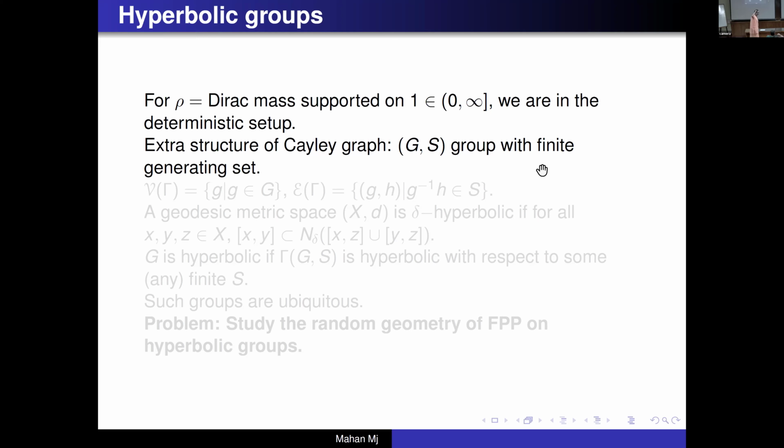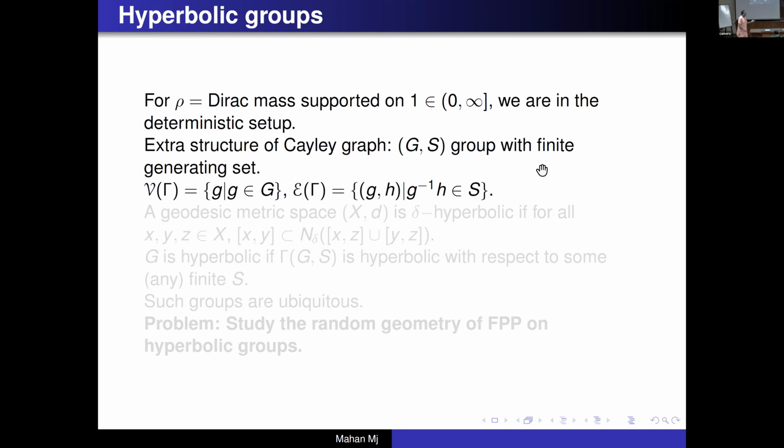Infinite group? Yes. For the purposes of this talk, all interesting groups will be infinite. I think there are versions of this that can be done, but I don't think they will be relevant for today's talk. So the vertex set of this graph that we consider, S is the generating set.